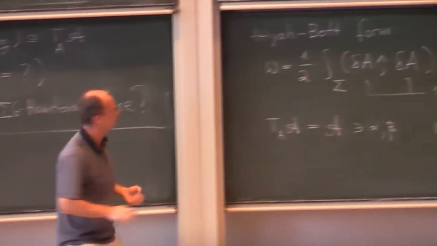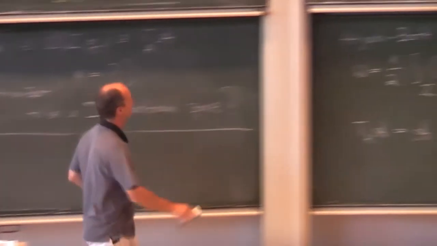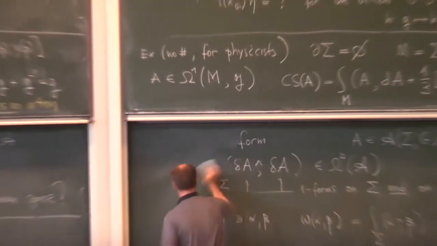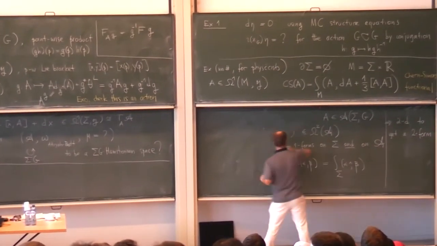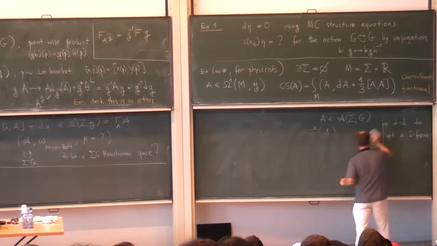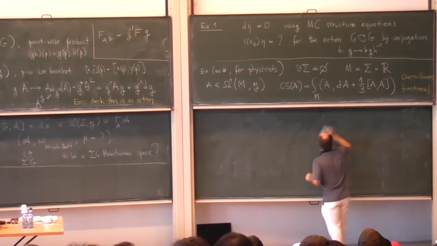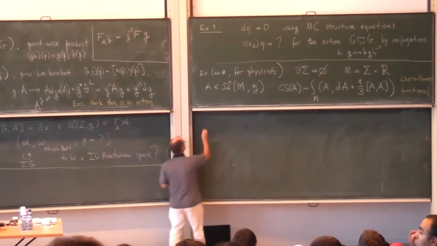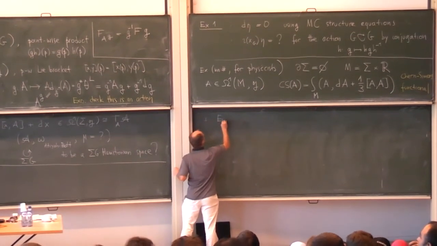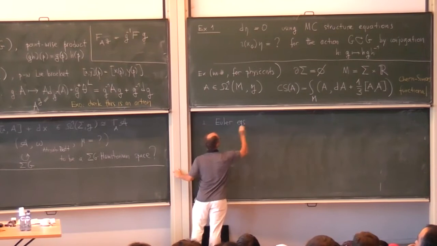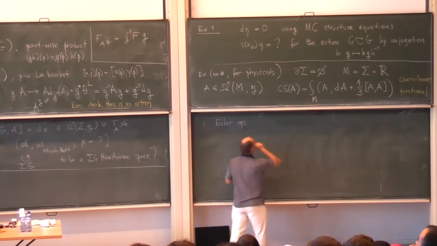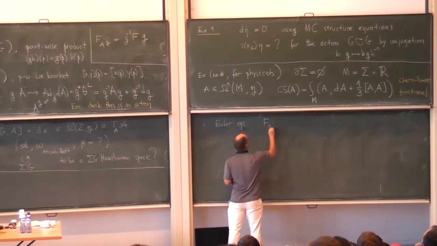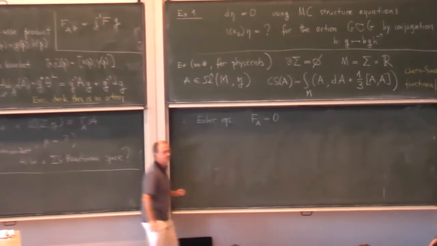So I want to ask you to do two things. One, show that the Euler-Lagrange equations for this functional give F_A equal to 0.